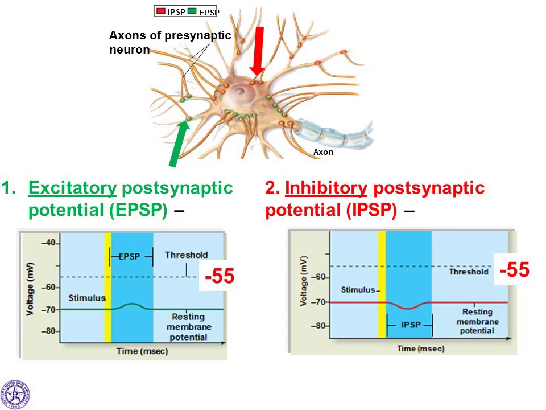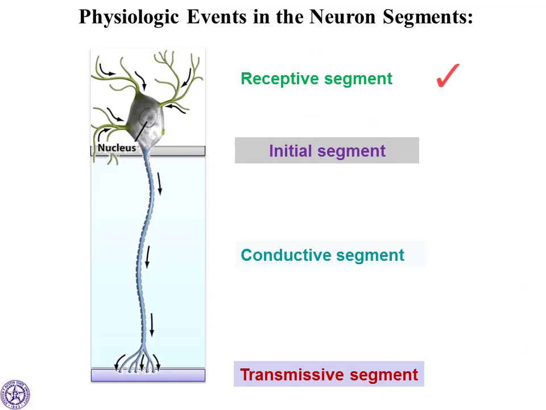And when you add all of those together, what the membrane potential is at the axon hillock will determine whether we have an action potential or not. Because what do we have present in the axon hillock that is missing from our dendrites and from our cell bodies?